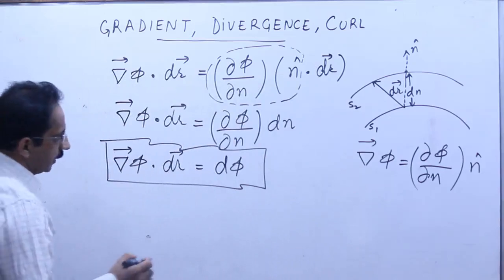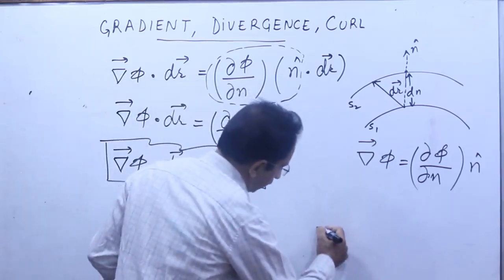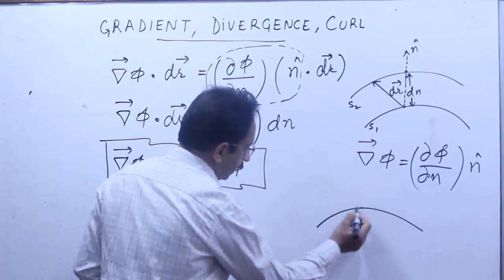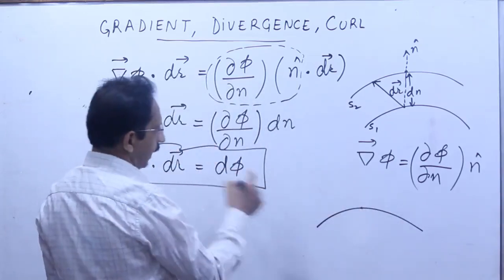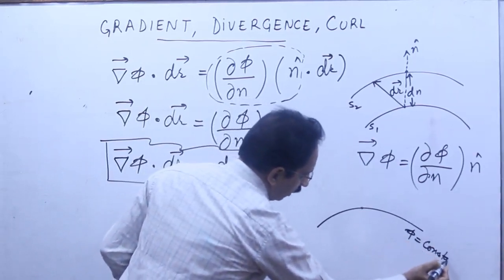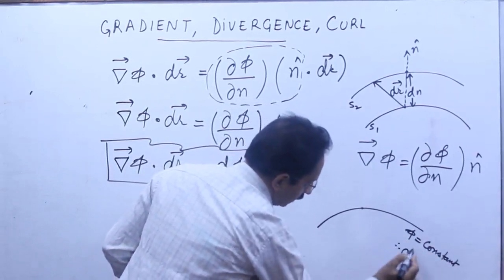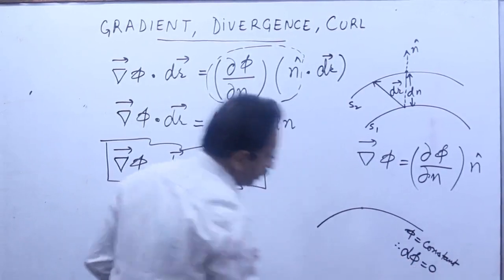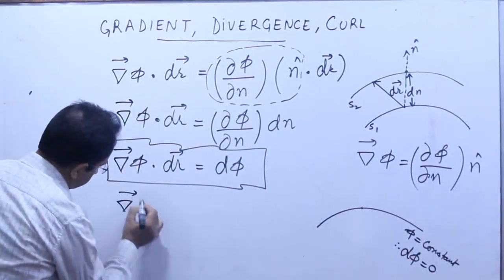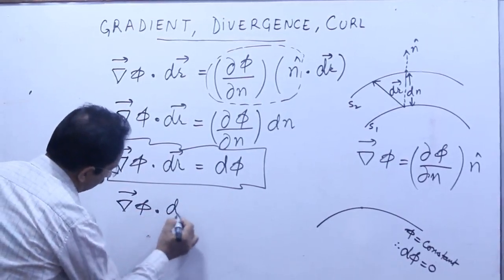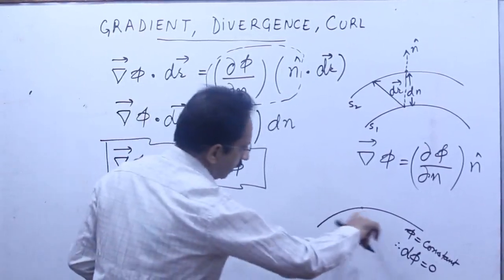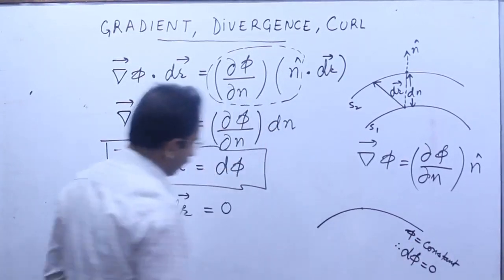So if I imagine that this is the level surface, and on this level surface the value of phi is equal to constant, therefore d phi is equal to 0. So this would mean that for a level surface del phi dot dr would be equal to 0, because all along the level surface phi is equal to constant.